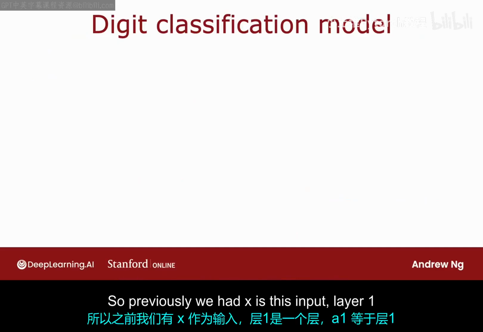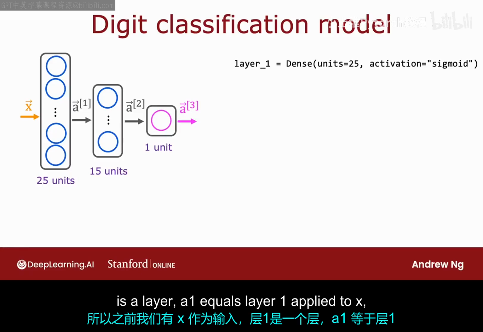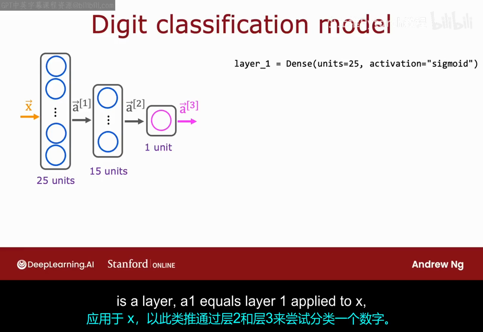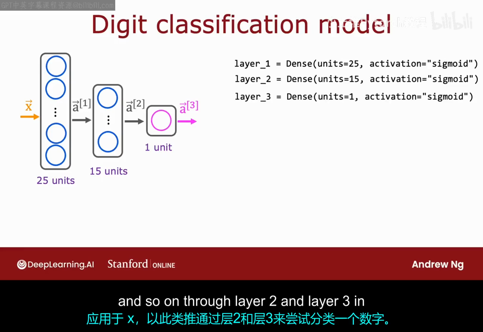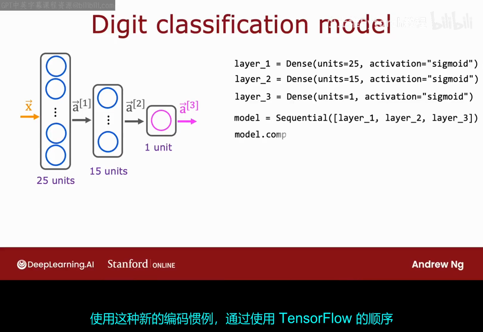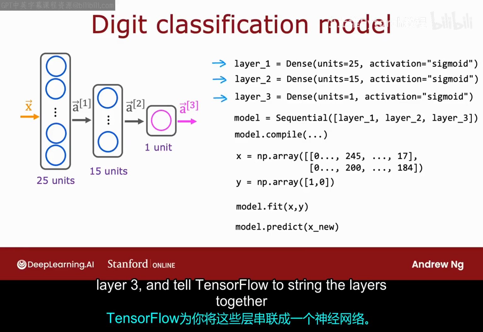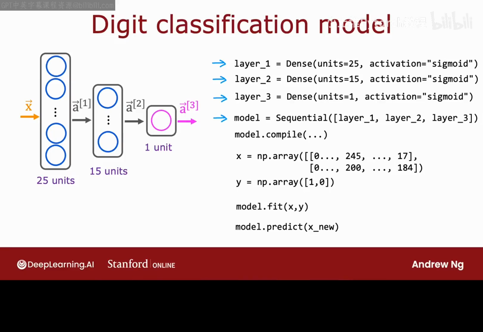So previously we had X is this input, layer 1 is a layer, A1 equals layer 1 applied to X, and so on through layer 2 and layer 3 in order to try to classify a digit. With this new coding convention, with using TensorFlow's sequential function, you can instead specify what are layer 1, layer 2, layer 3, and tell TensorFlow to string the layers together for you into a neural network.